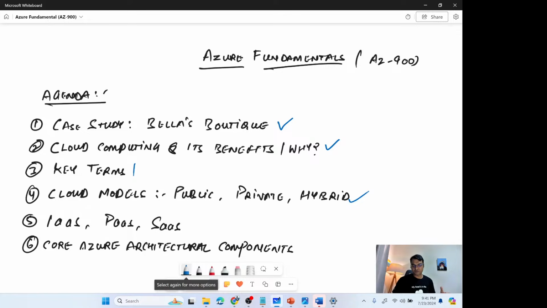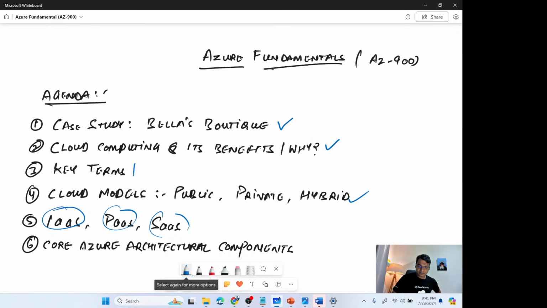A service in cloud could be IaaS, which is infrastructure as a service, or platform as a service, or software as a service. So we'll take a practical example. We will start from very basic, and then we will peel it one by one so that you understand clearly what these 3 things mean. We're going to start with a very simple and basic type of example so that you can relate to it, understand it, and retain it.